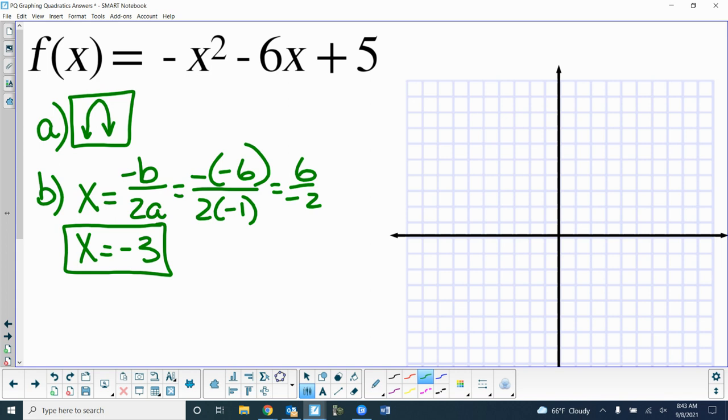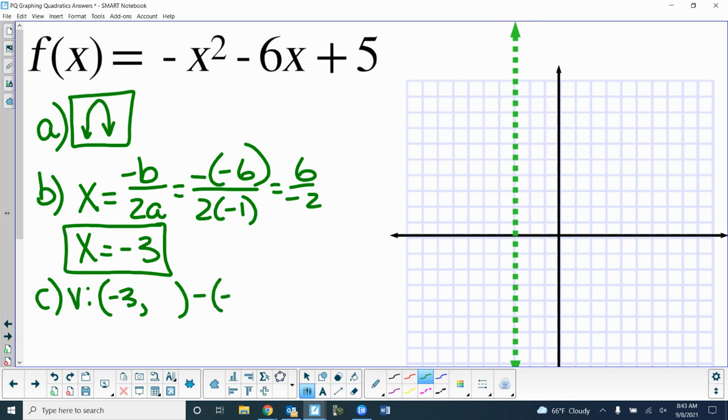So I can draw that line of symmetry in at -3. Okay? And then we're looking for the vertex. I already got my x value. To find my y value, substitute -3 in for x into our function.